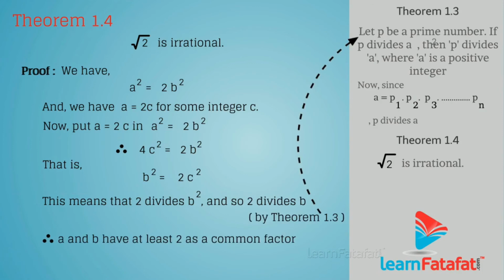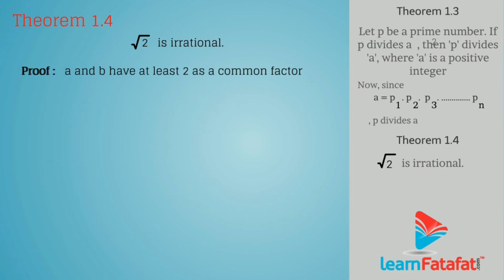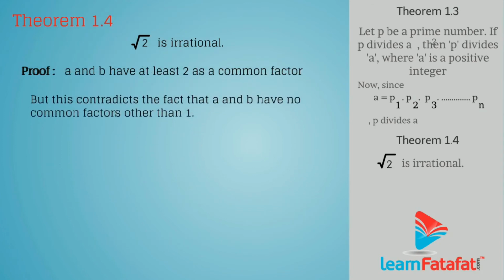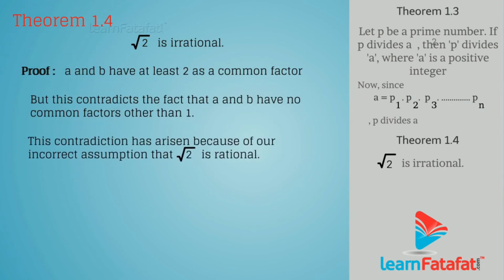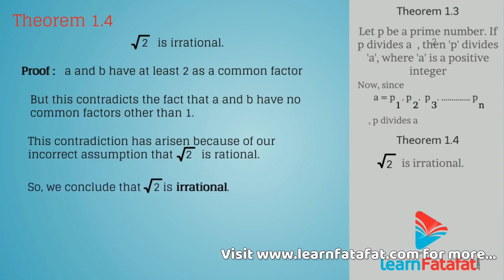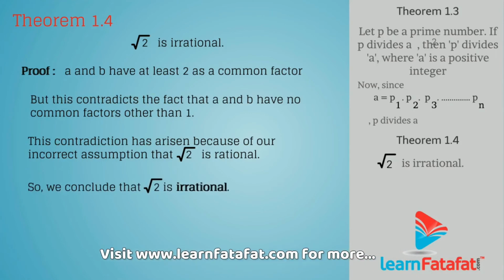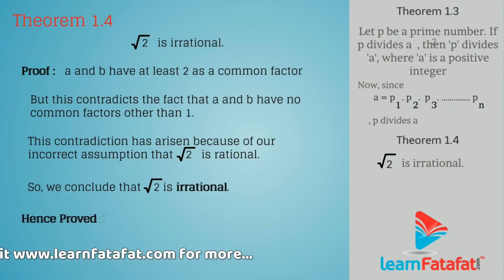Therefore, a and b have at least 2 as a common factor. But this contradicts the fact that a and b have no common factors other than 1. This contradiction has arisen because of our incorrect assumption that root 2 is rational. So, we conclude that root 2 is irrational.